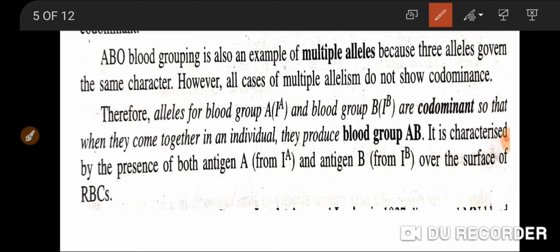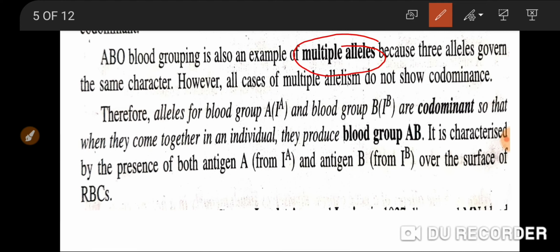Here, in the case of the ABO blood group, there are three alleles, IA, IB and IO. IA and IB are the codominant alleles, while there are three alleles responsible for this character, which is a case of multiple allelism.